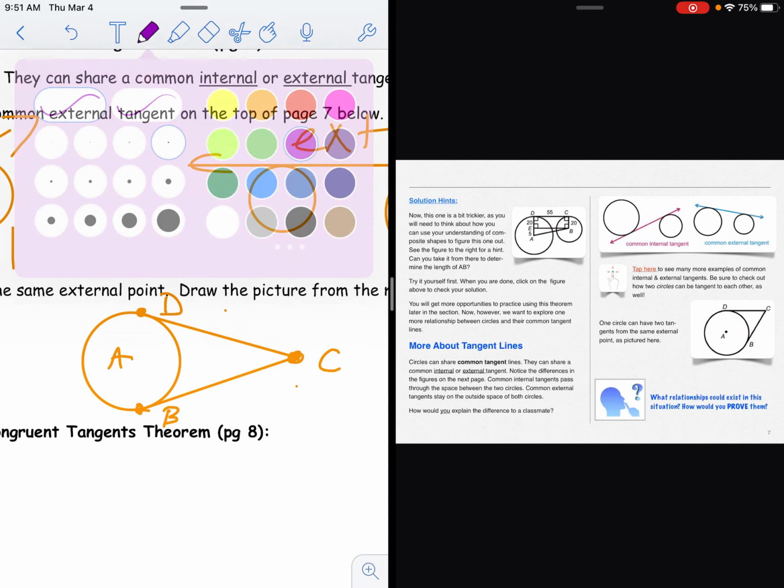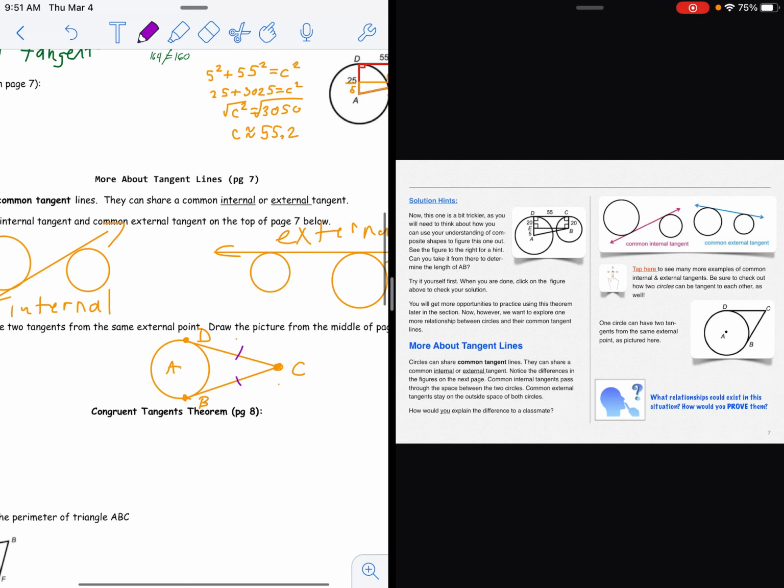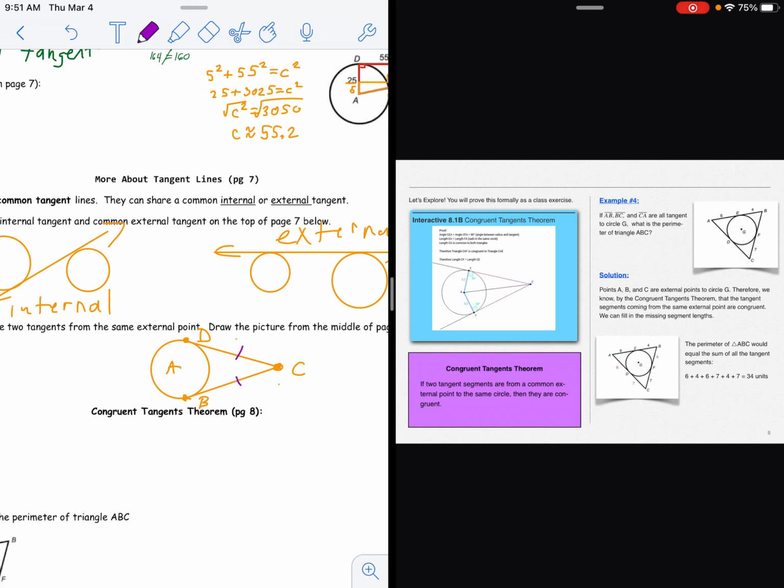So what is the relationship between DC and CB? Well, to keep it simple, let's just look at the theorem right here.